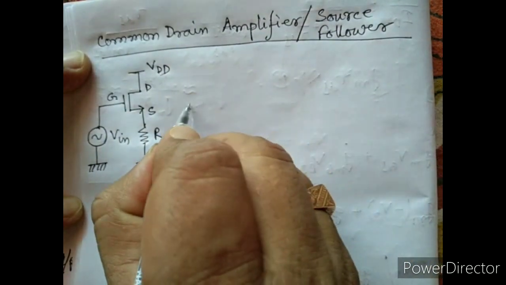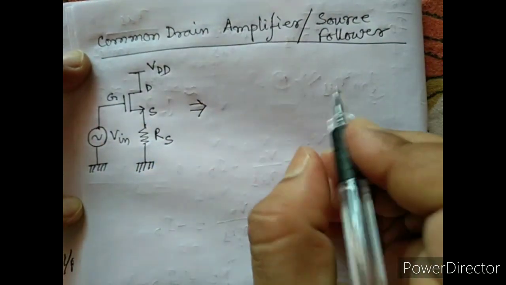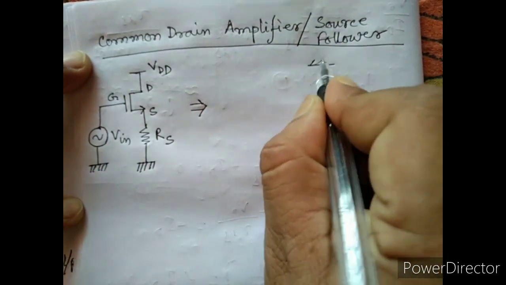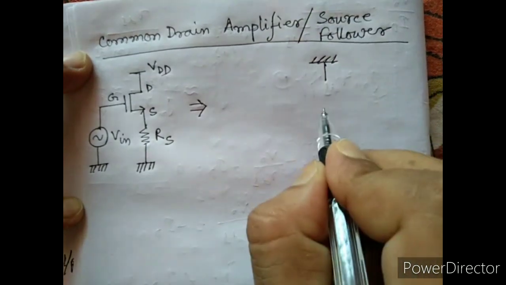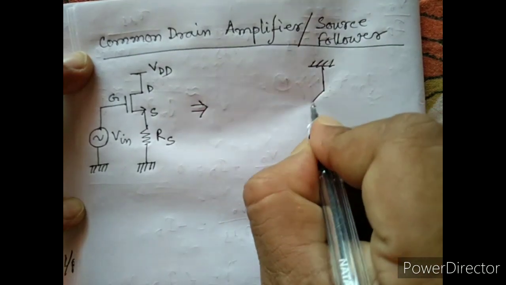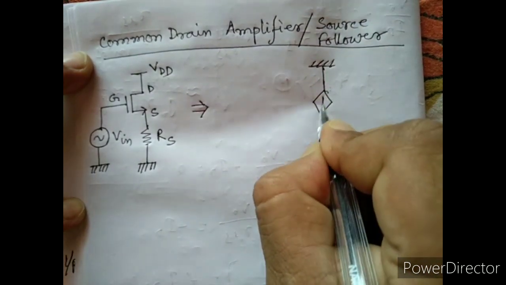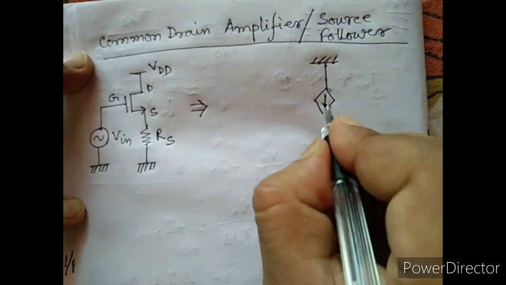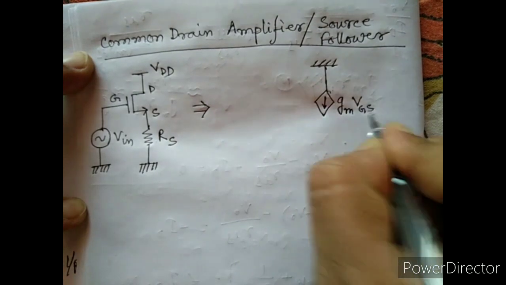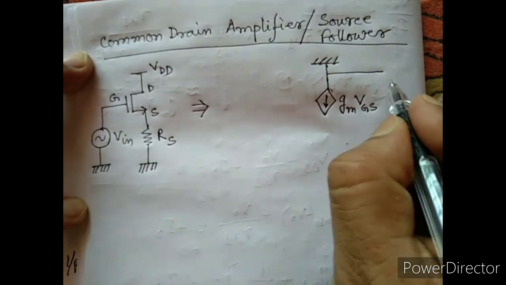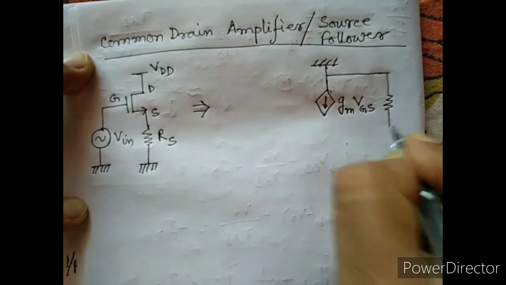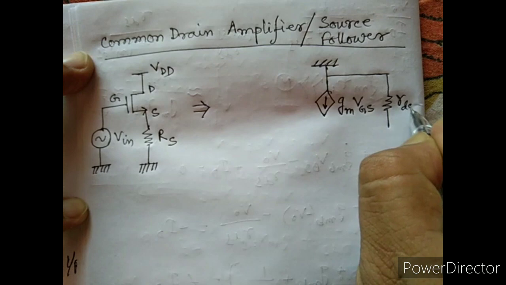If we see the small signal equivalent circuit, then the VDD will be grounded, and the transistor equivalent circuit will be represented with a gm VGS and a resistor in parallel, that is RDS.